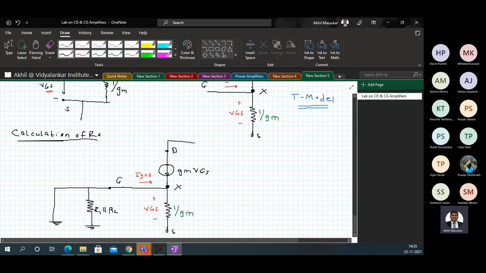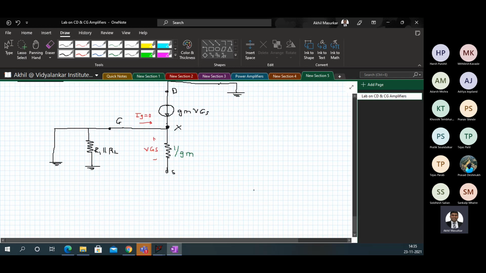Then drain by default is connected to VDD, so it is grounded only. And here we have RS, and here we have V out. So here you can see that the gate is as good as connected to ground.